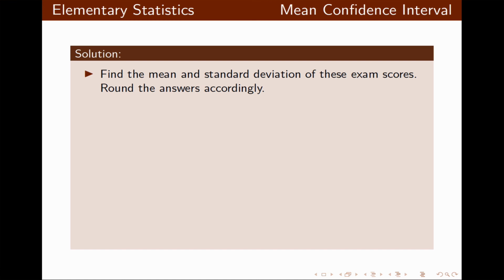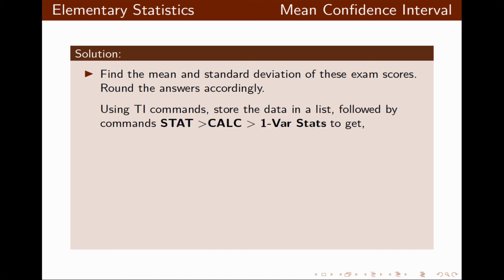To find the mean and standard deviation and round accordingly, we're going to store the data in a list, and then we're going to do basic computations by pressing Stat, Calculate, 1-Var Stats, and the result is the mean is 73, standard deviation is 16.1, and the sample size, of course, was 18.